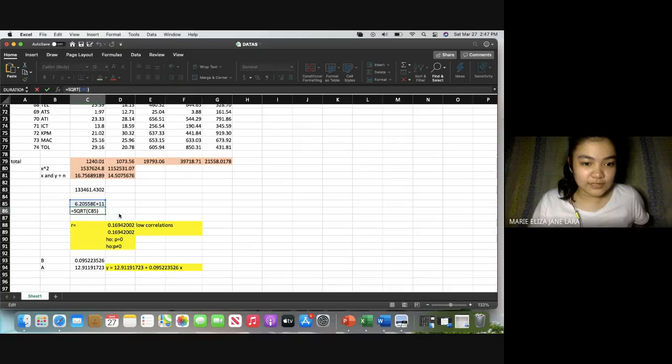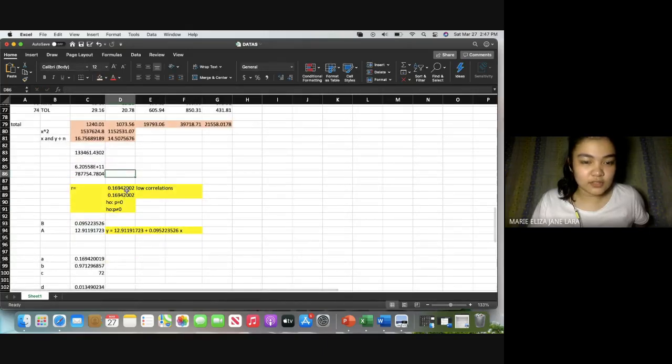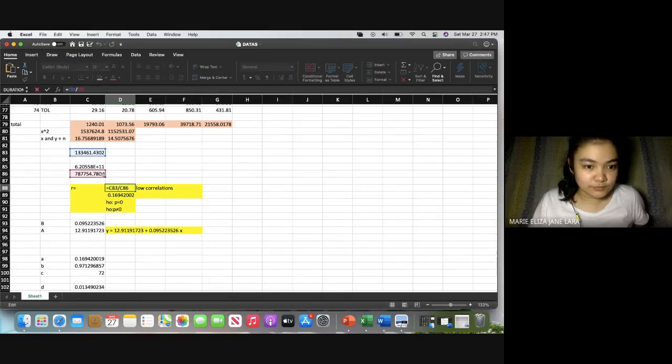And then to get the correlation you just have to divide these two, the square root and the first value that we got.